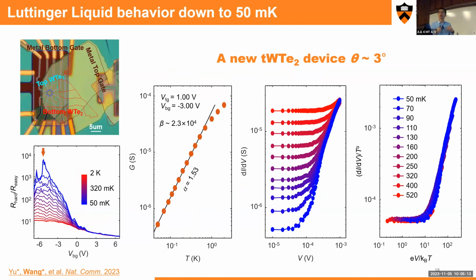And we also can confirm this with more devices. For example, we have another device. We have another 2, actually more than 2 devices at around 3 degrees. For 3 degrees, it will actually increase the Moiré lattice size a little bit. And in this situation, we can still measure and still get the power law relation down to 50 millikelvin for this power law behavior.